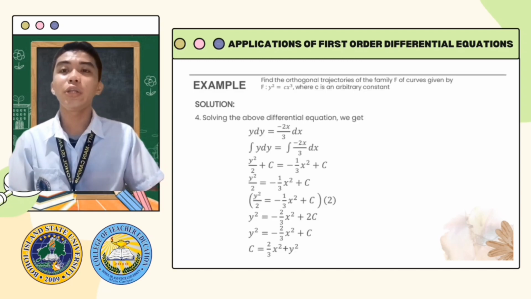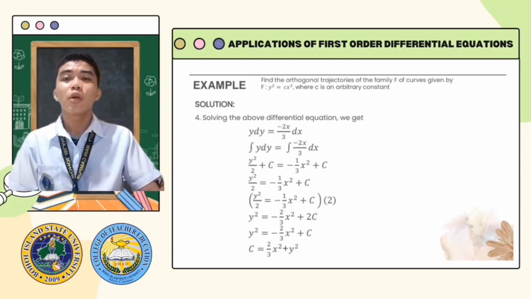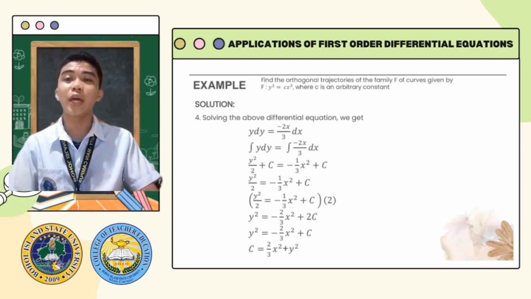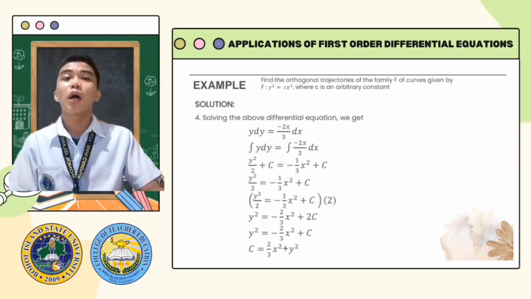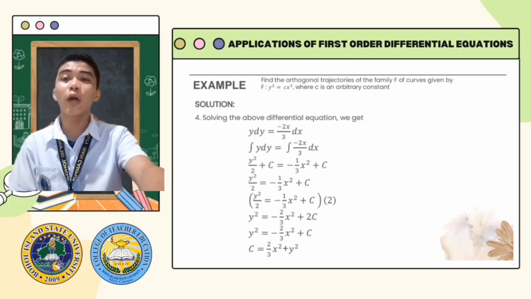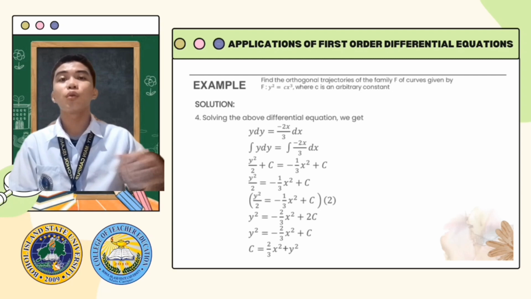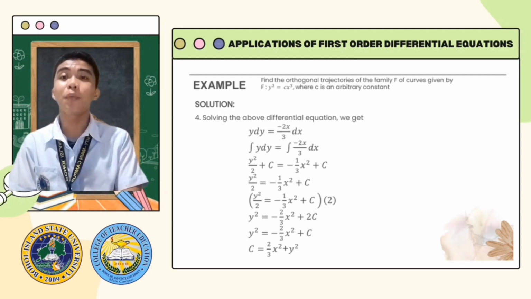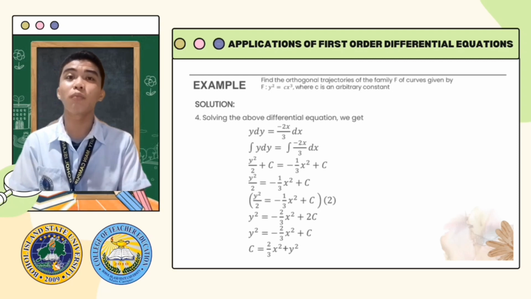So we are now in the last step. We will now solve the above differential equation, which is dy over dx is equal to negative 2x over 3y. Next, we will separate the differentials and multiply both sides of the equation by y.